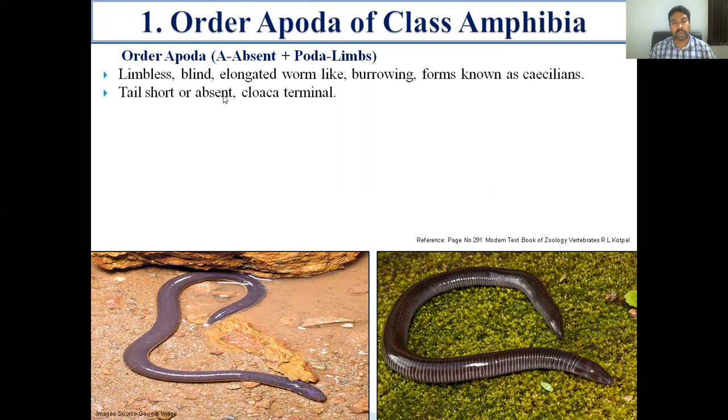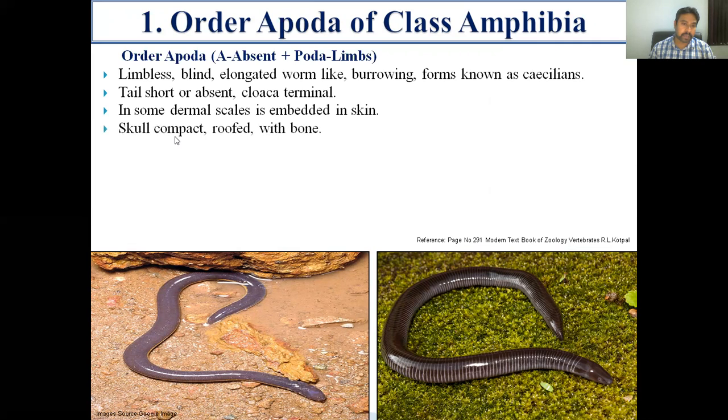The tail is short or absent. Cloaca is terminal, meaning the cloaca is a common opening of the digestive, excretory, and reproductive systems. In some, dermal scales are embedded in the skin, and the skull is compact, roofed with bone.